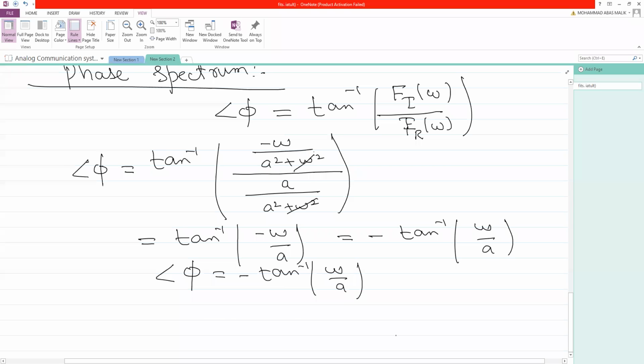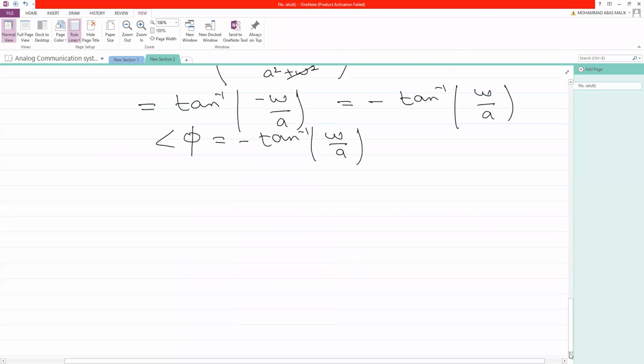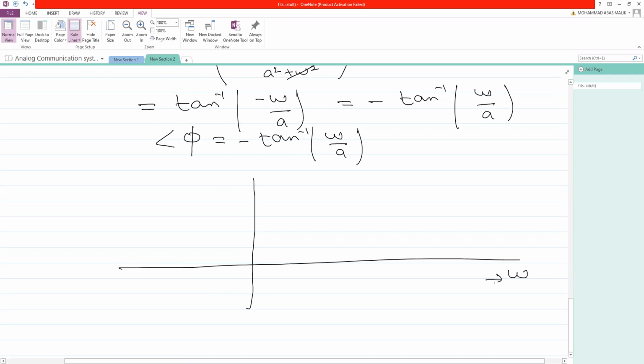So what will be its phase spectrum then? Phase spectrum is just the graph between angle phi and omega. Omega is the x-axis and this will be angle phi. Now tell me the value when omega is 0.